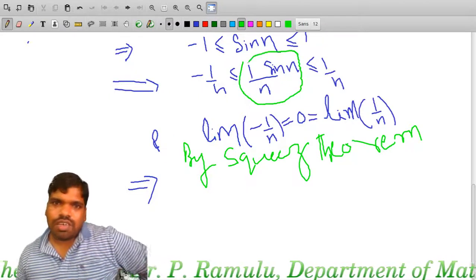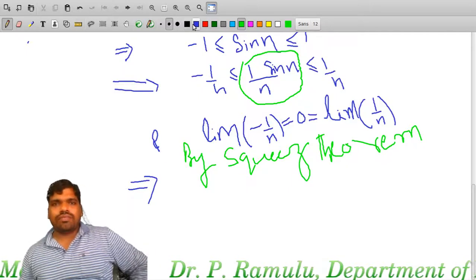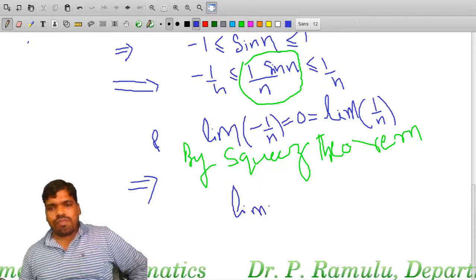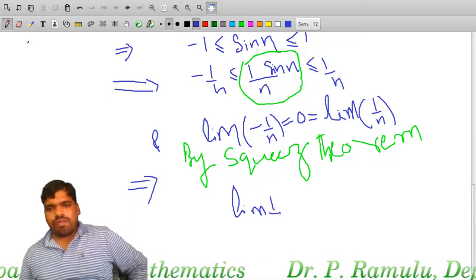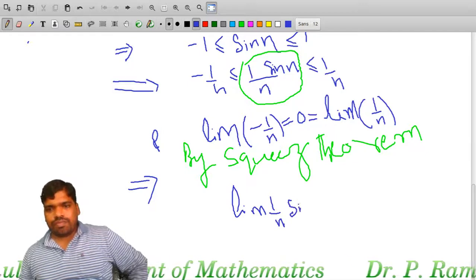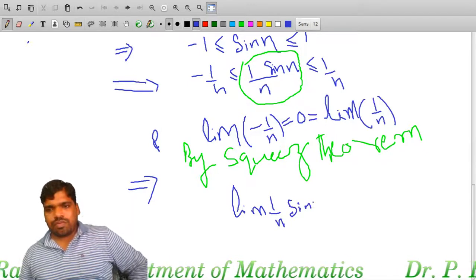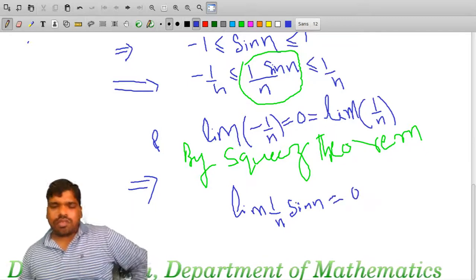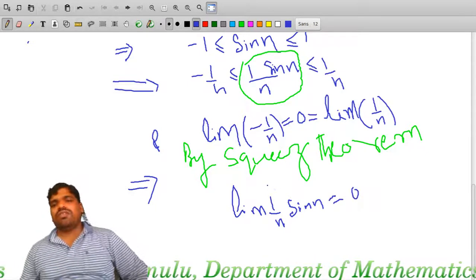That means if I apply limit here, lim of 1 by n sin n equal to 0, right?